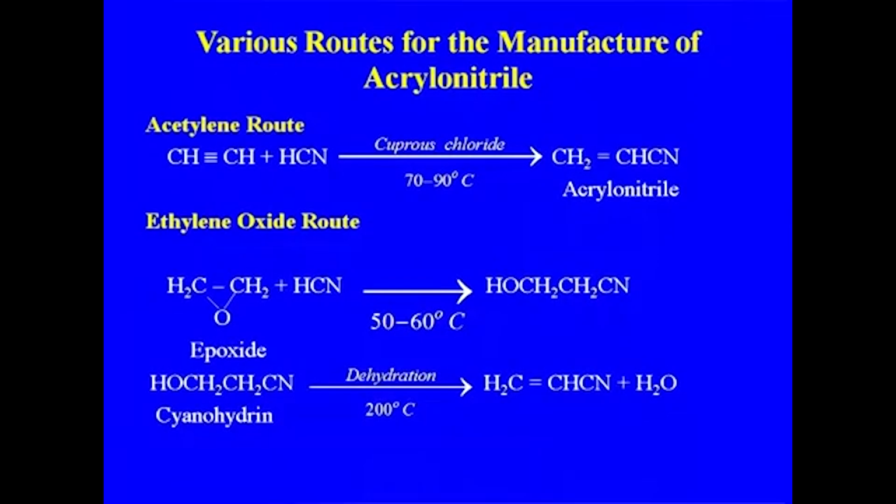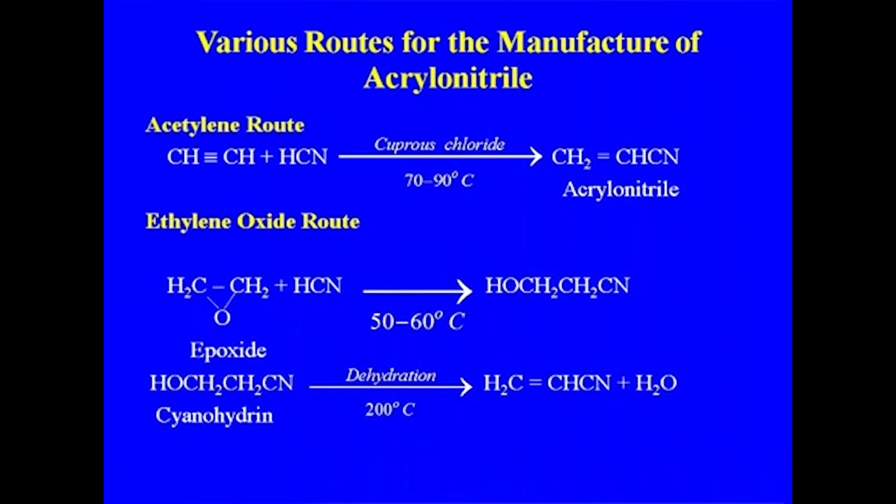So this was the conventional method earlier, before the coming of the propylene route, where we do the ammoxidation of propylene. The process became cheaper because of the availability of propylene from the steam cracker plant.